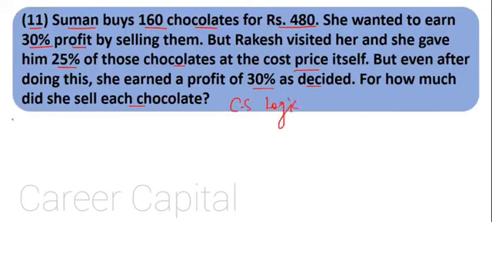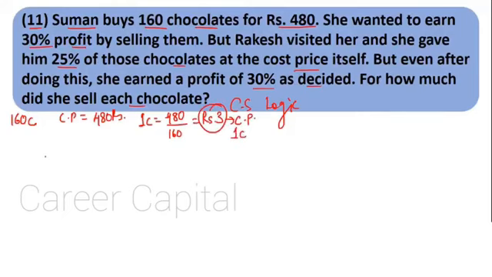Let us see how. Suman bought 160 chocolates. Cost price for those chocolates is 480 rupees. So one chocolate was bought for how much? One chocolate's price is 480 divided by 160, that is rupees 3. This is the cost price for one chocolate. Now Rakesh visited her. She gave 25% of the chocolates to Rakesh at the cost price.